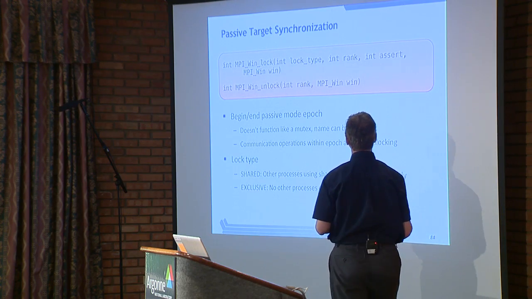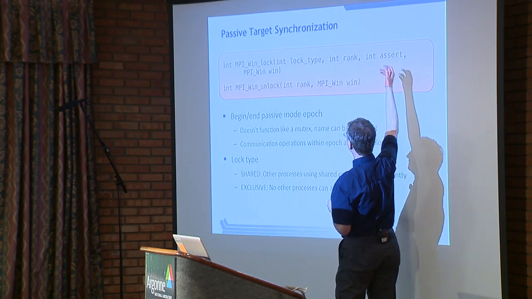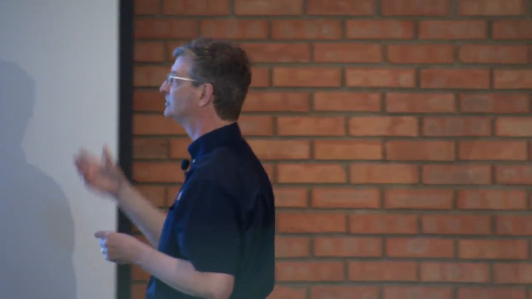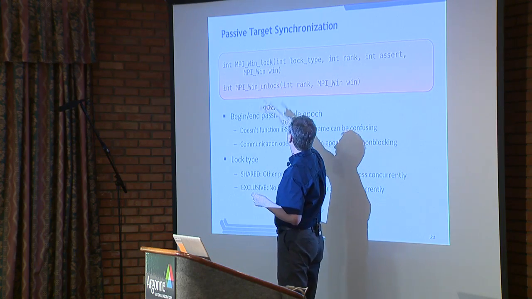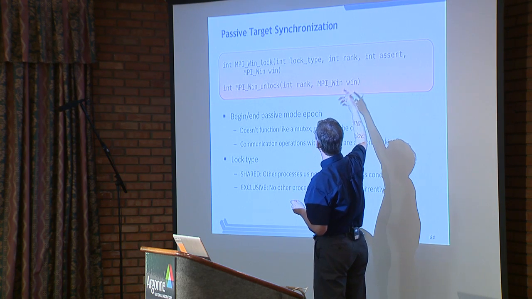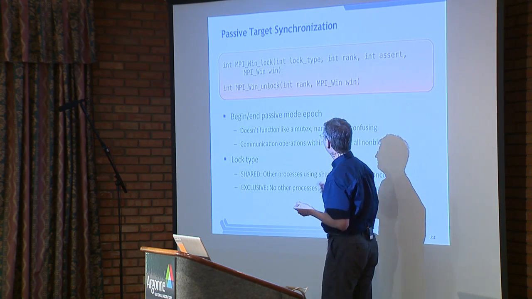But when everybody is just reading it, you do it in shared mode. The asserts provide a little bit of information that can be used to optimize the use of the lock and unlock. And then we've got the window object that this applies to, and then the unlock is fairly simple.